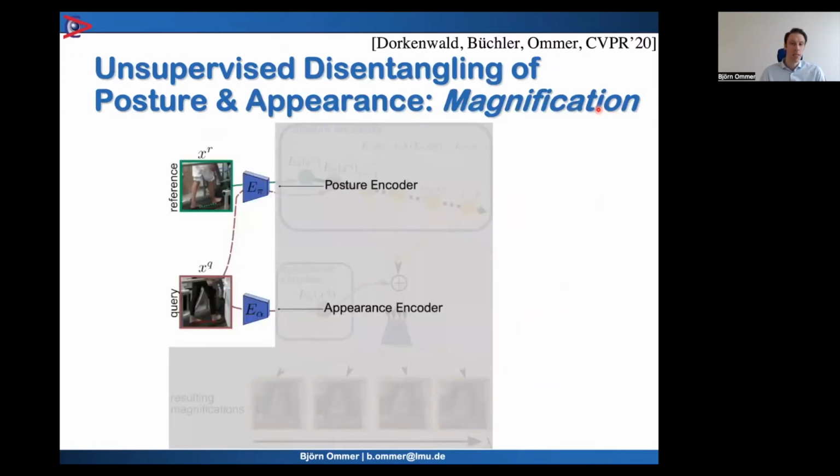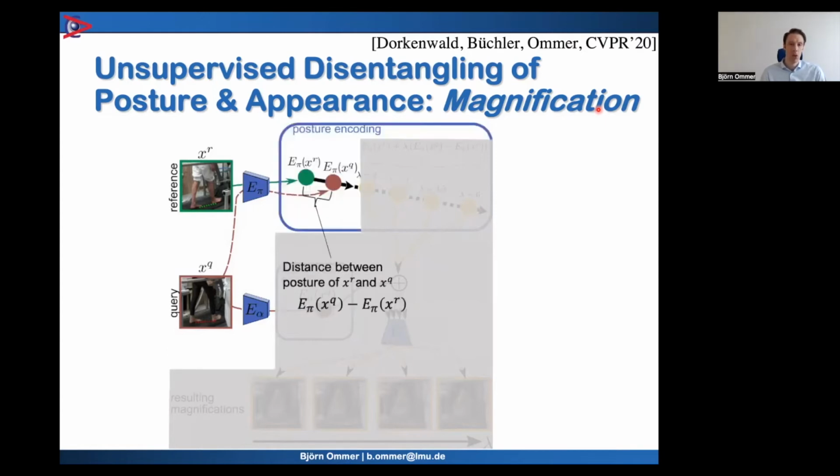Therefore, we learn to disentangle the subtle posture deviations that we want to magnify from other factors, such as appearance variations. Our goal is to train posture encoding so that it allows a linear extrapolation in this learned feature space between query and reference posture.